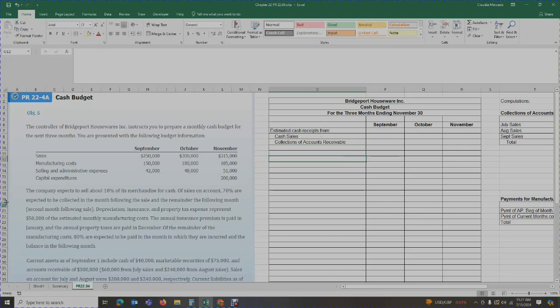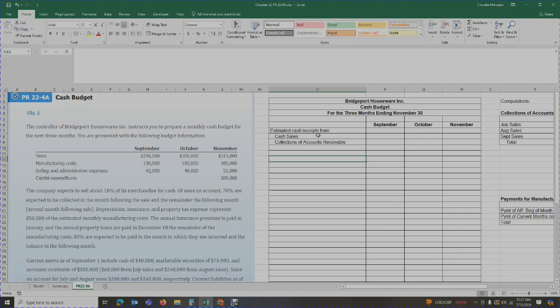Remember, the first line item says the company expects to sell about 10% of its merchandise for cash. That means 90% of the sales are on account, which means we're going to get paid later. Of those 90%, 70% are collected the month following the sale, and the remaining 30% is collected the second month following the sale. So those are things to consider.